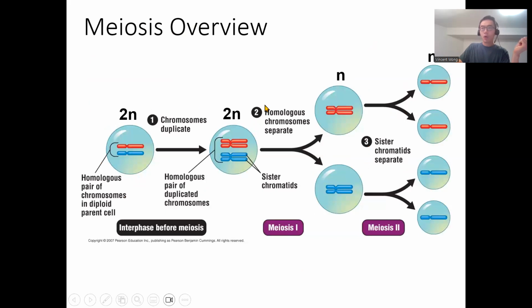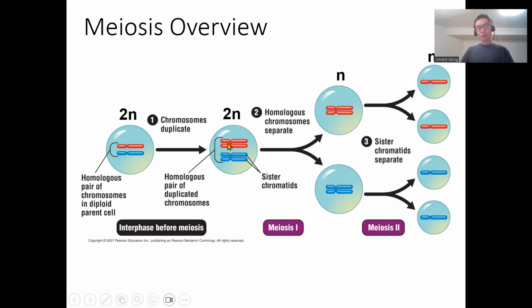Okay, so here is an overview of meiosis. We start with two sets of chromosomes, the red and the blue here. We call that 2N. And we're going to copy all the genetic information. This is just DNA replication. And afterwards, it's still 2N because you only have two sets. Remember, if they're stuck together, it counts as one chromosome.